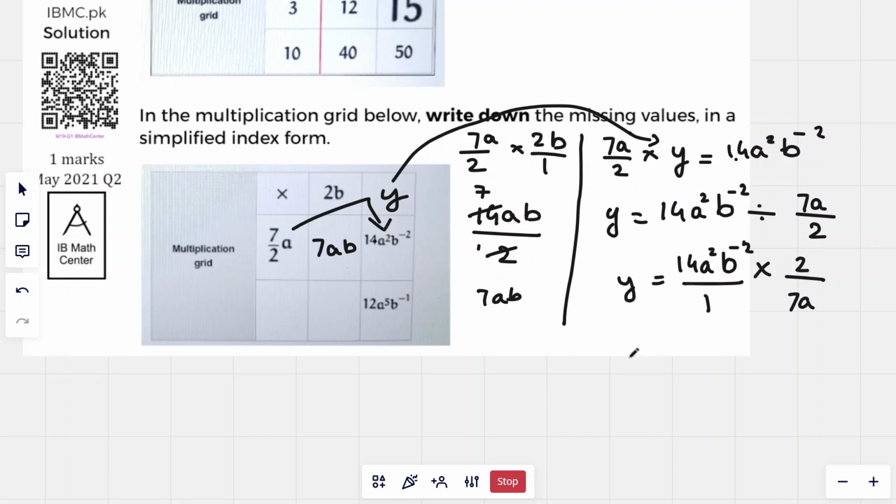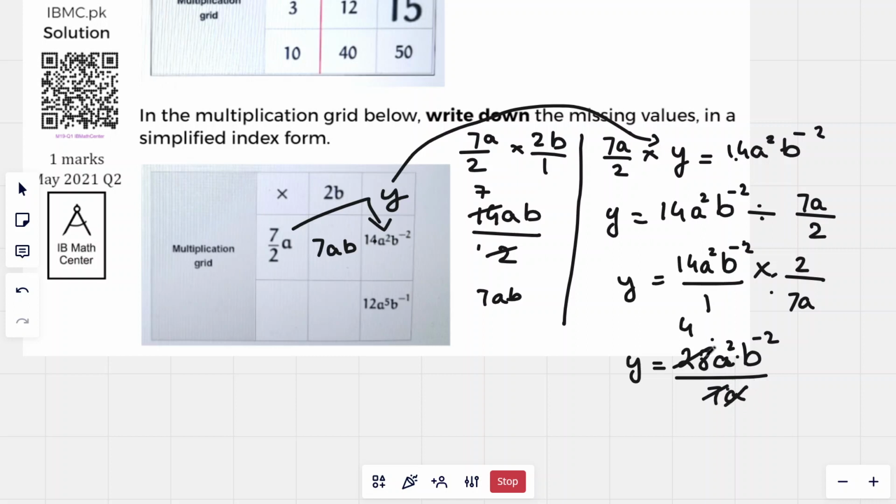Right. Now let's multiply. Numerator with numerator, denominator with denominator. 14 times 2 is 28. And then a to the power 2, b to the power negative 2, divided by 1 times 7a, which is just 7a, and then 7 4s are 28.